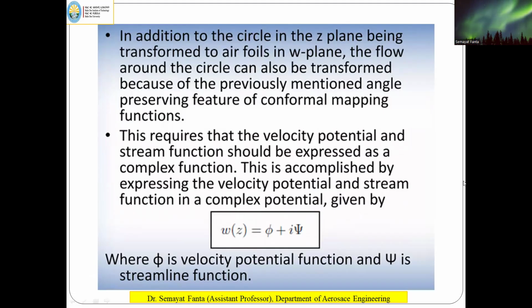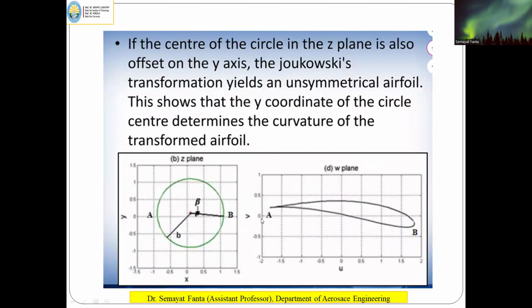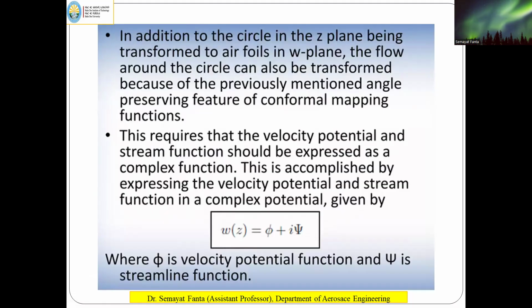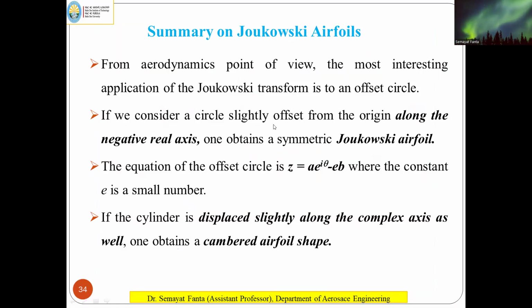This can be represented as W of z equals phi plus i psi, where phi is the velocity potential and psi is the stream function, as we know. So not only the shape of the aerofoil changes, but the flow pattern also changes. The velocity potential as well as the stream function also change.